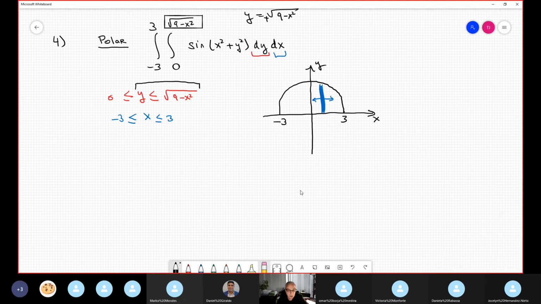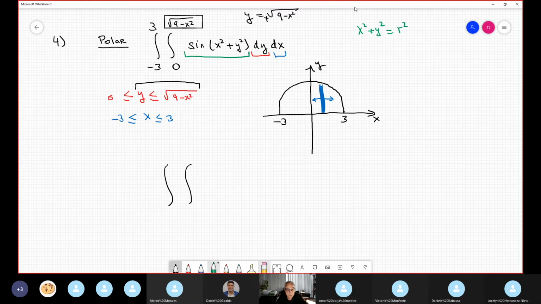So let me try. Remember, to convert the double integral from Cartesian to polar, we are doing several steps. Step 1 is to convert the integrand function to polar. Fortunately, I know that x squared plus y squared is equal to r squared.